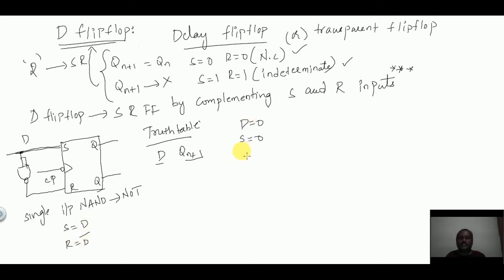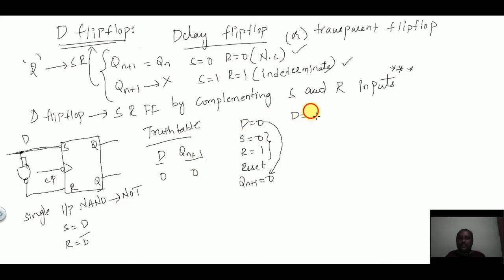So S is equal to 0 and R is equal to 1. This is the reset condition, so Qn plus 1 is equal to 0. When D is equal to 0, Qn plus 1 is equal to 0.